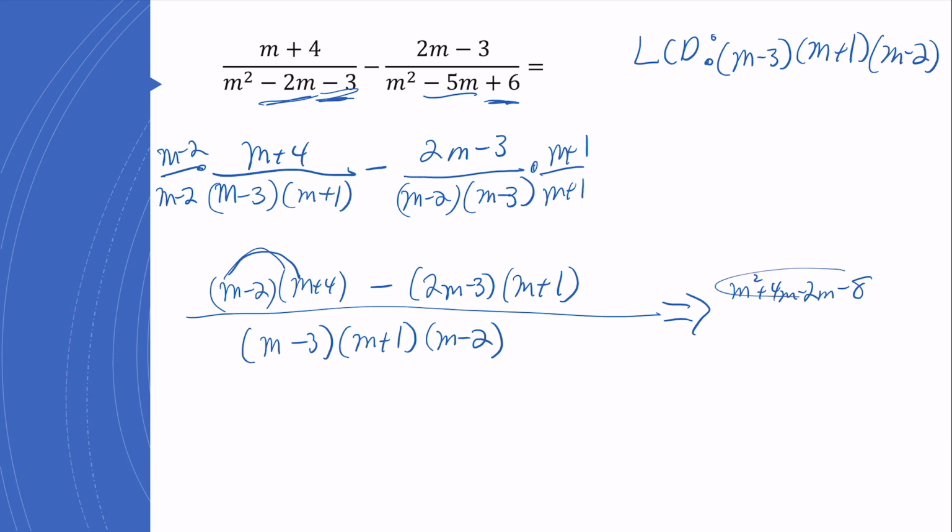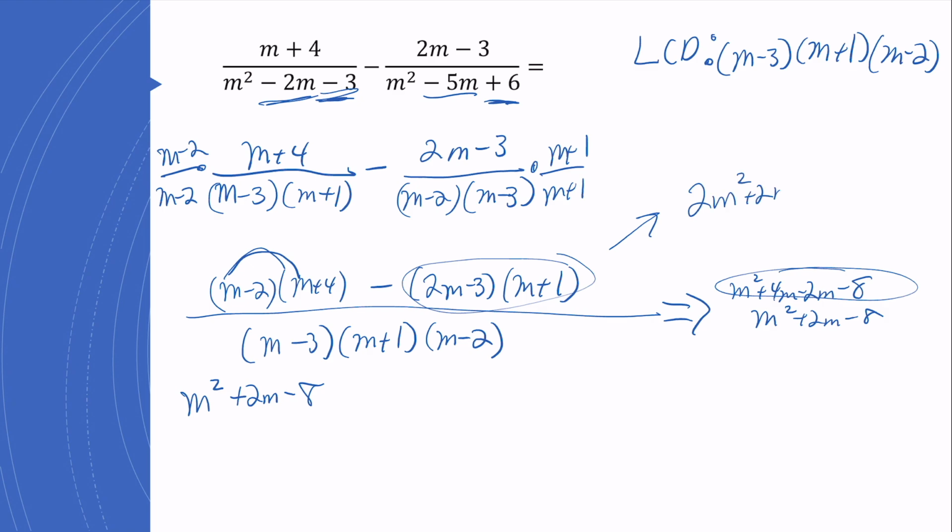And that's going to simplify to m squared plus 2m minus 8. Let's put that down here. Never enough room. And then if I FOIL this out, I'm going to get 2m squared plus 2m minus 3m minus 3. So I have 2m squared minus m minus 3.